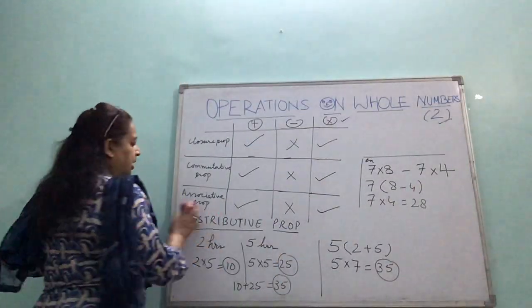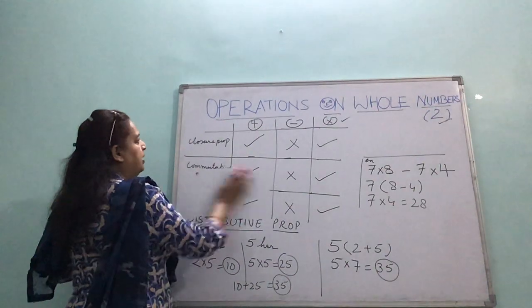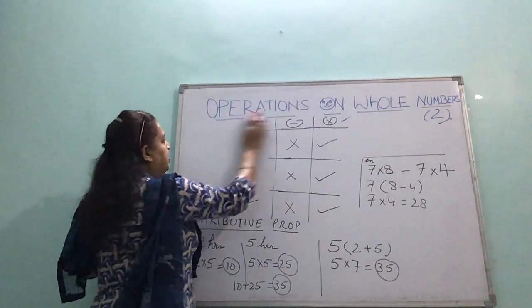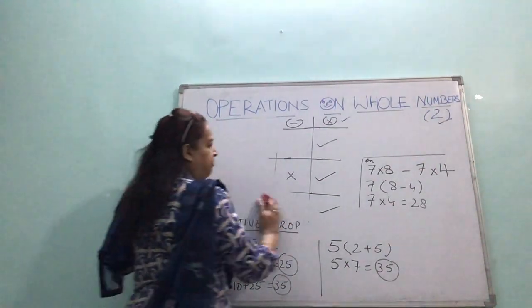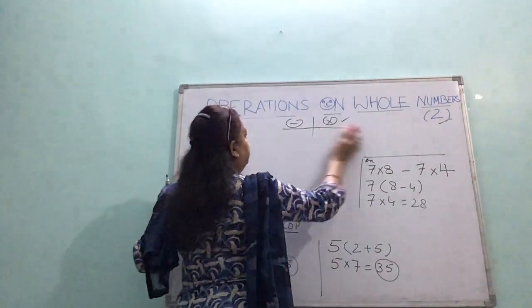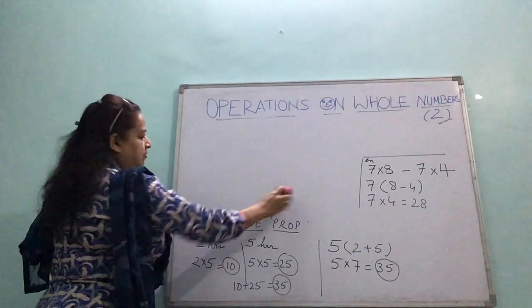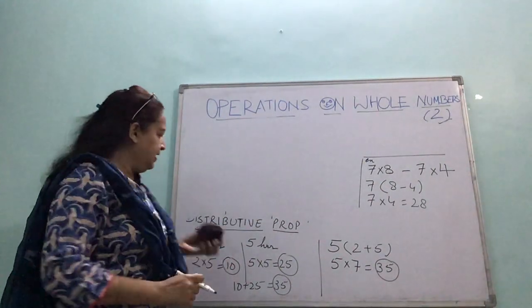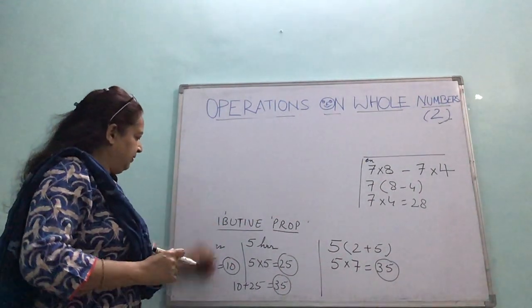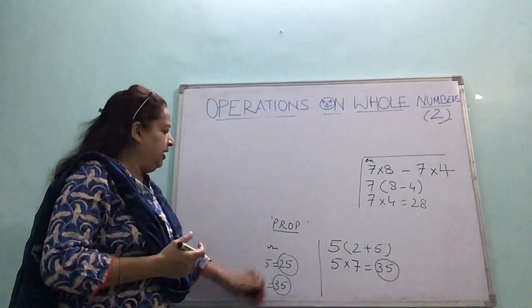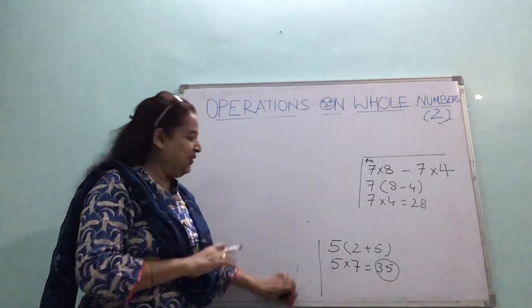About division. Now the last property which I have to discuss on operations on whole numbers would be for division. Well, division does not show the closure property, it is clear, because it does not show commutative, it does not show associative.